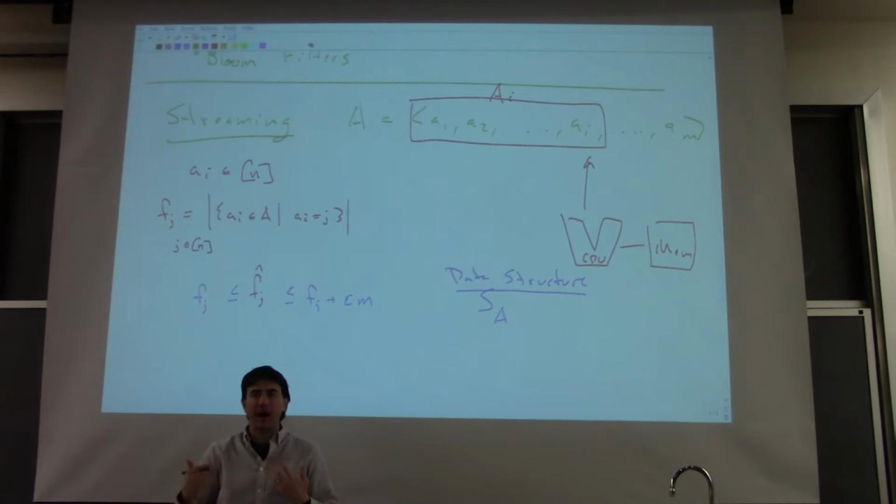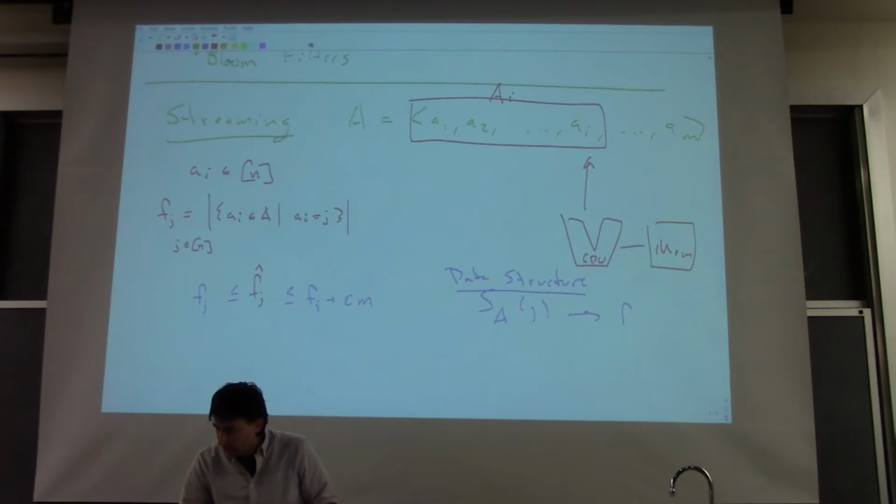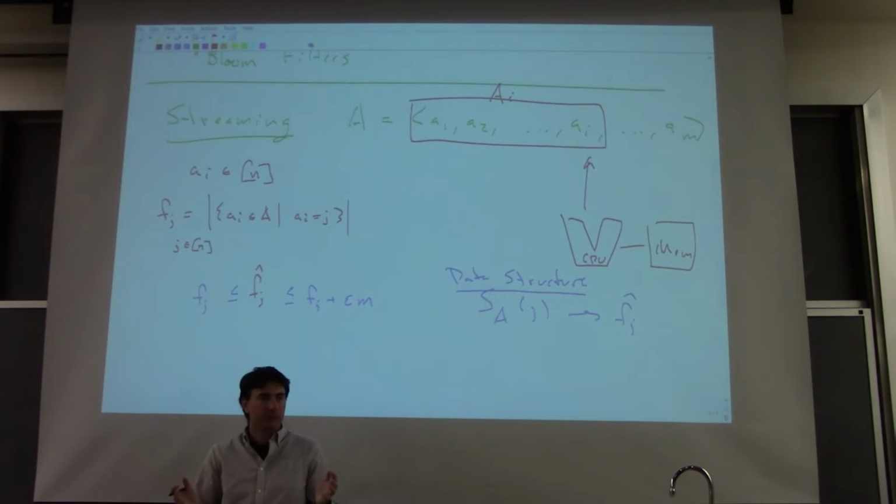You have an API for your data structure. You're going to ask some value j, and it's going to return to you fj hat. So you're only going to have access to this data structure this time. You're not going to have these counters in the same way that we had before. You're just going to be able to ask queries to this.